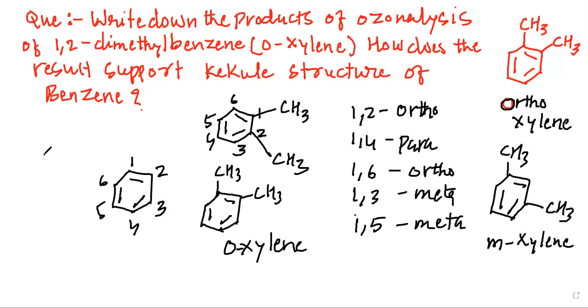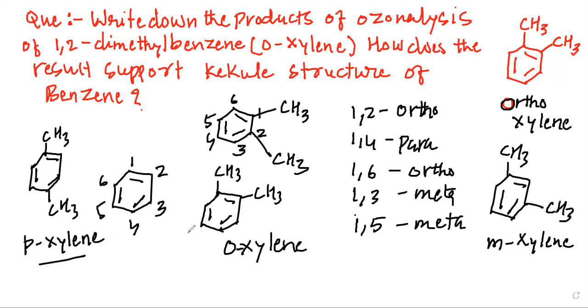Same way, my dear students, if the CH3 groups are present at the 1 position and the 4 position, then it will be known as para-xylene. Same way, if we have CH3 present on the first position as well as on the sixth position, that will also be considered ortho-xylene.